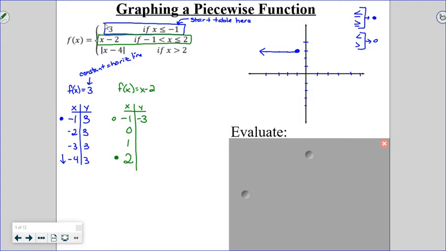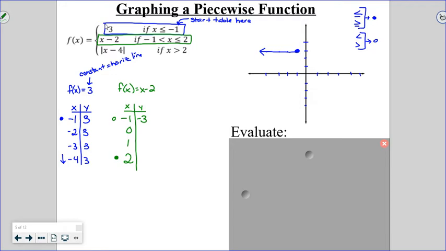Does that make sense? It's not included, but we're going to get really close to it. Like I can put negative 0.5 in my picture because that heads to it. So I will put that number in the table even though it doesn't equal it. And I just indicate that it doesn't equal it with that open dot. Great question.